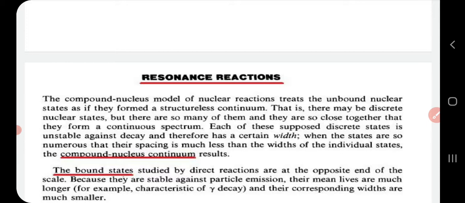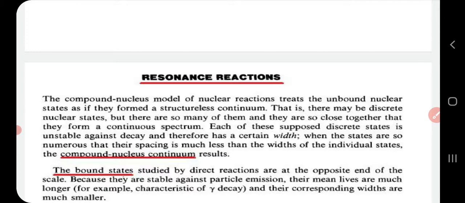That means there will be a number of nuclear states, and those nuclear states are packed very closely together so that they will appear like a continuous spectrum.